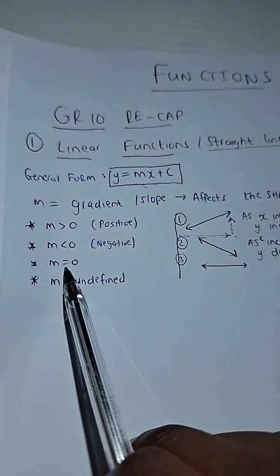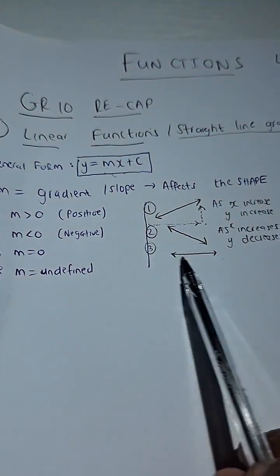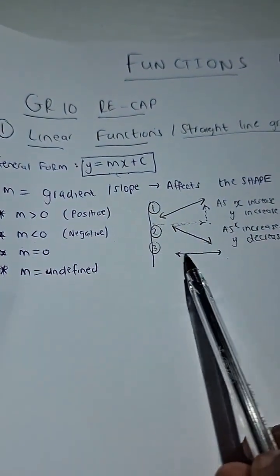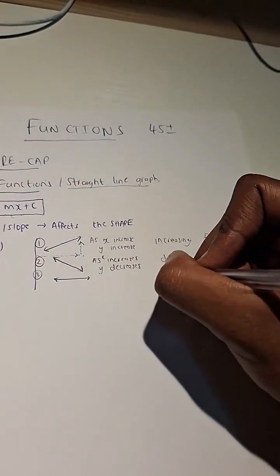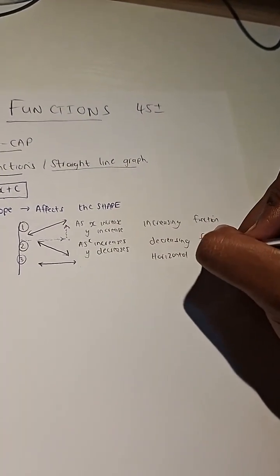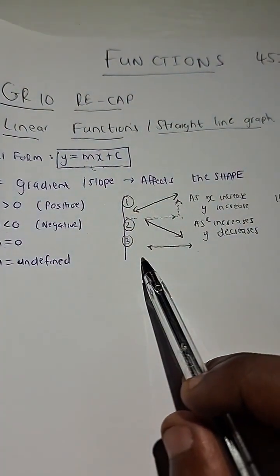So when m is equal to 0, we have a constant function, it's horizontal. That's when the gradient is equal to 0, a horizontal straight line. So I'm going to say a horizontal function. That's when m is equal to 0.